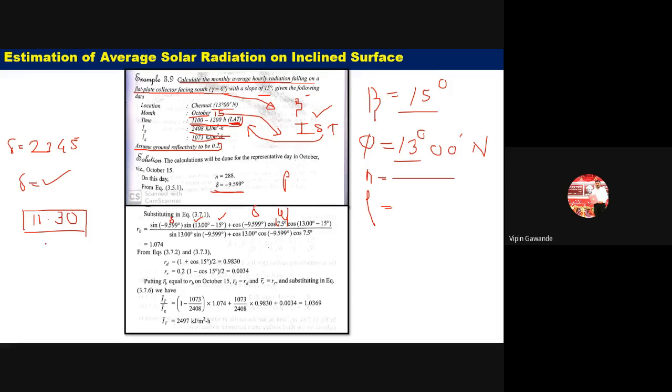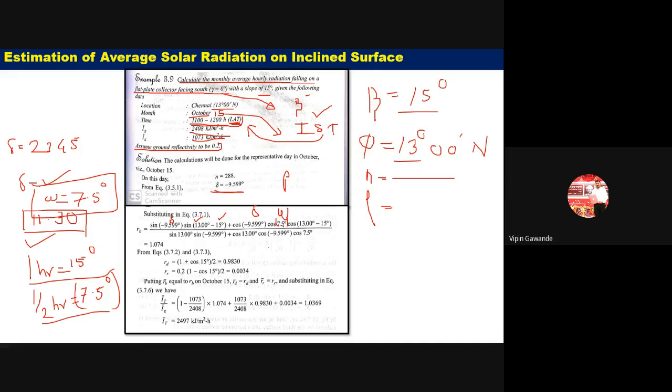We know that 1 hour is equal to 15 degree, so half an hour is equal to 7.5 degree. That's why the hour angle is taken as 7.5 degree here: it is the mid average of the time given.